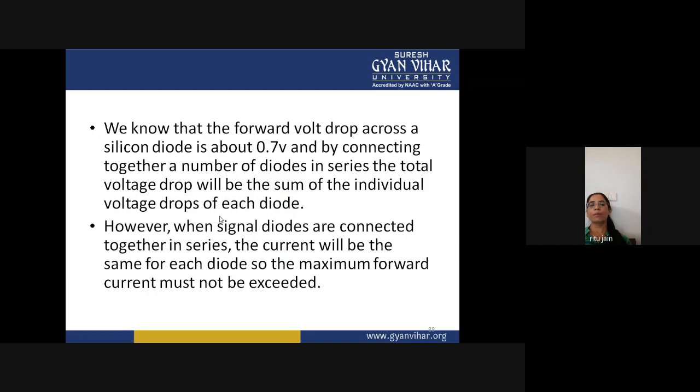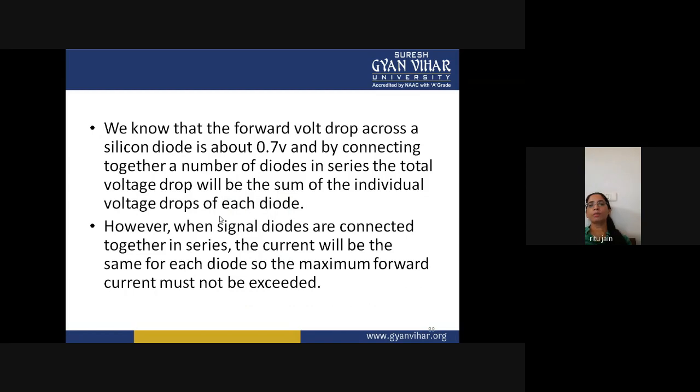So when you are connecting many diodes in series, the voltage drop across the diodes will be increased because it will be the sum of each and every individual diode.